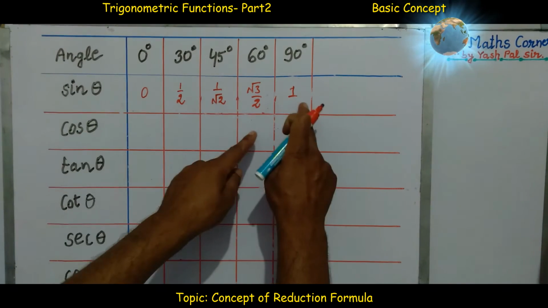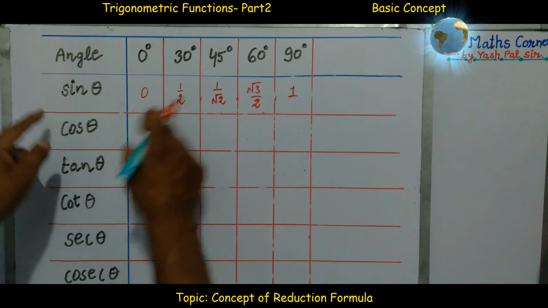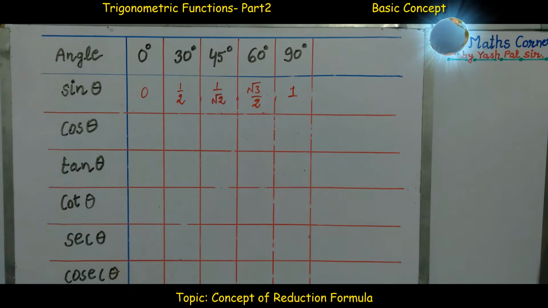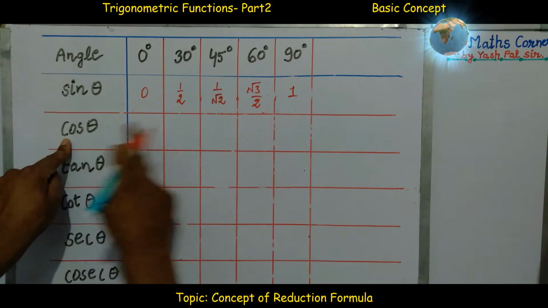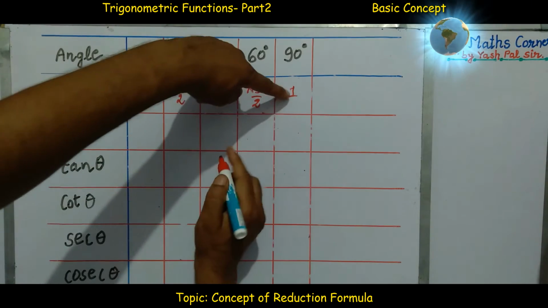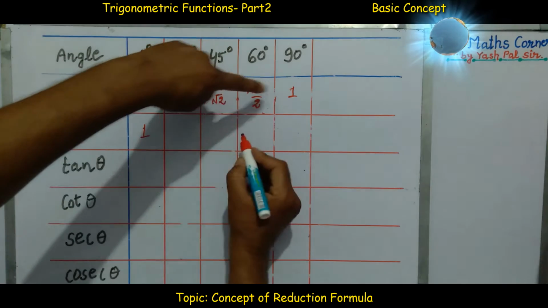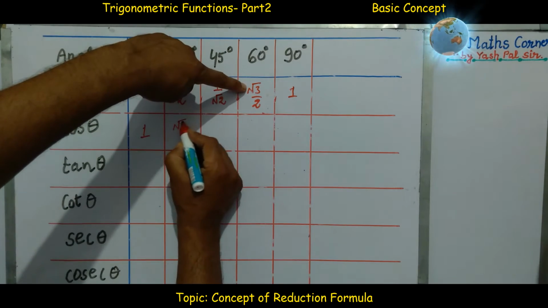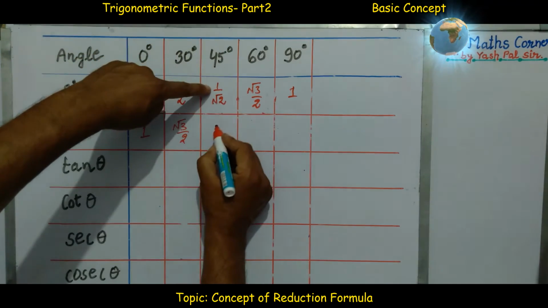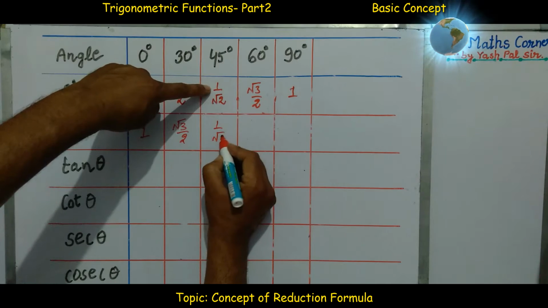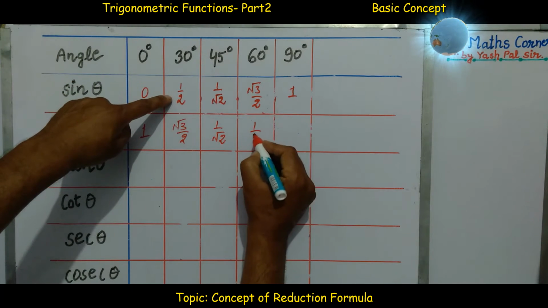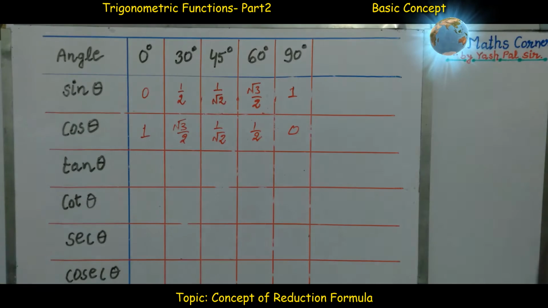From this first row, we can also find the values of other trigonometric ratios. How? Cos theta, we start from the end. We write here 1, next square root 3 upon 2, next 1 upon square root 2, next 1 upon 2, next 0.